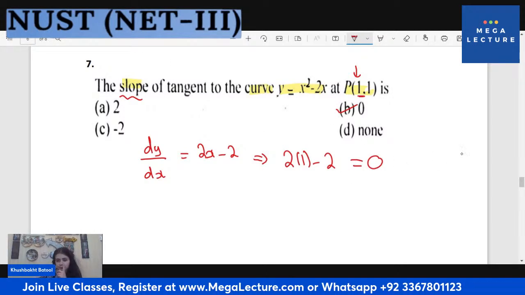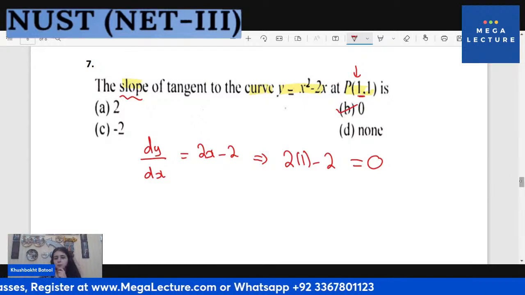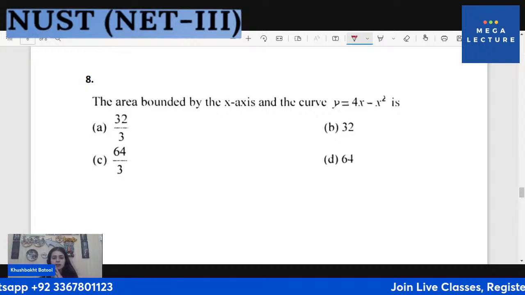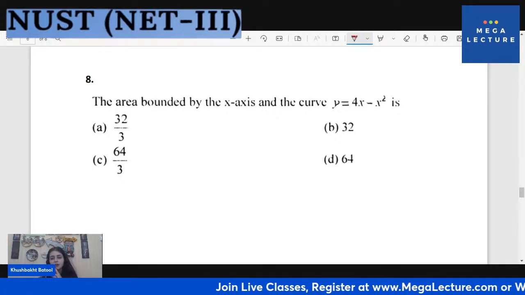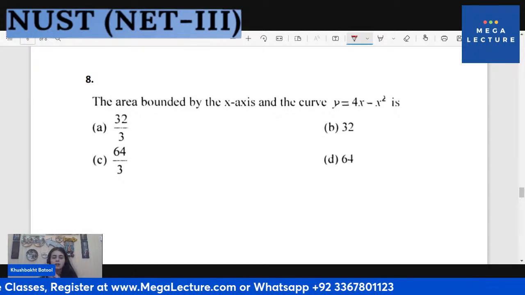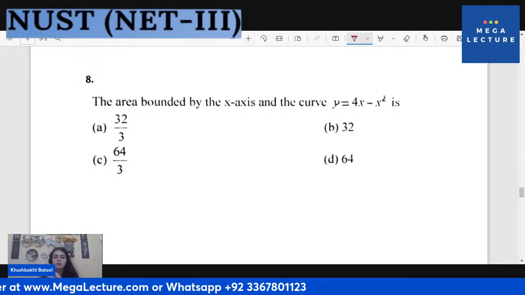Okay, all right. Let's talk about the next question. Now the eighth question says the area bounded by the x-axis and the curve y equals 4x minus x squared is. Okay. Now you are interested in finding the area bounded by the x-axis and this curve.